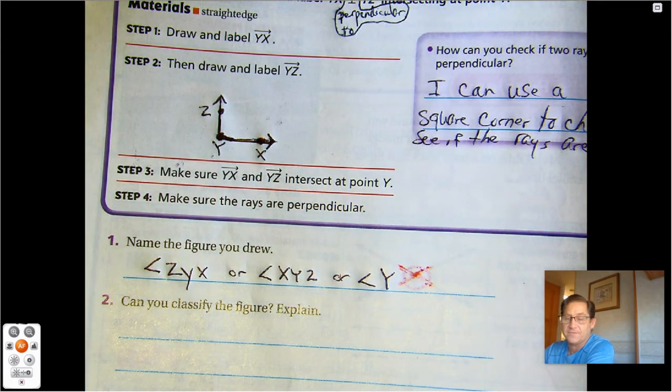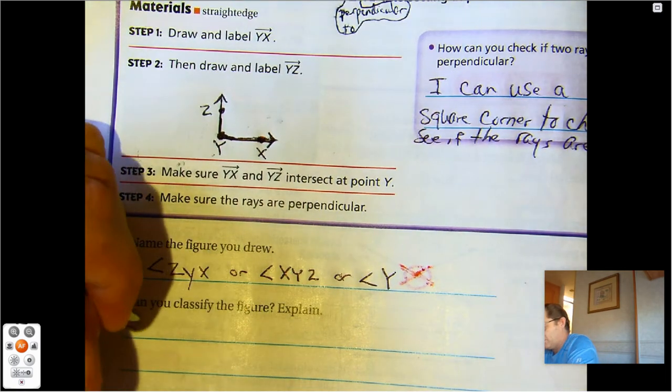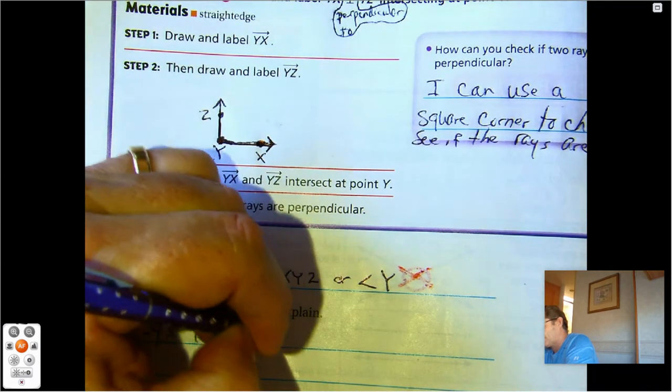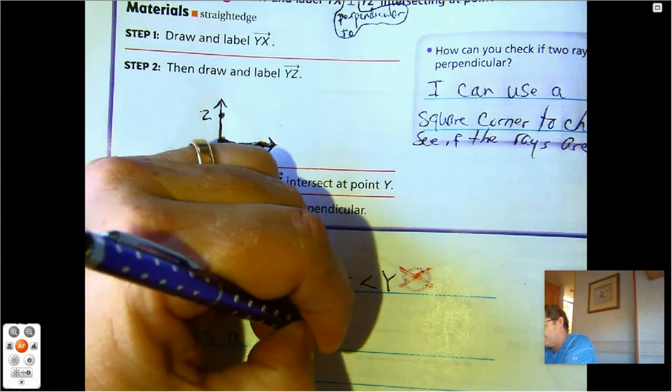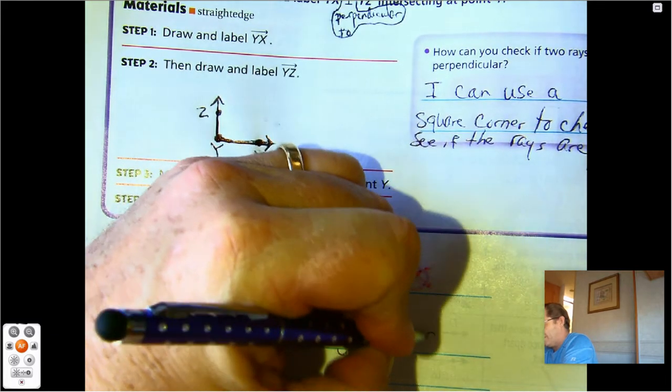Can we classify the figure? Yeah. Angle ZYX is a right angle. It forms a square corner.